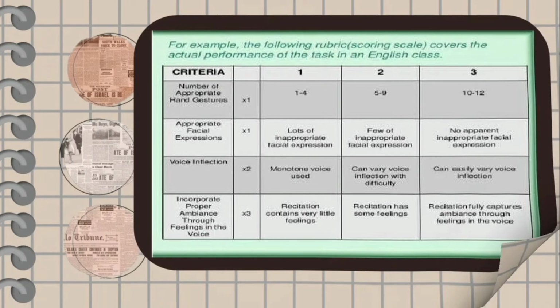So ang last nga criteria, which is the incorporate proper ambience through feelings in the voice, ang ihatag nga points is times 3 na siya. So sa 1 point, if ang recitation contains very little feelings. Naa siya 2 points if ang recitation has some feelings. And 3 if the recitation fully captures ambience through feelings in the voice.